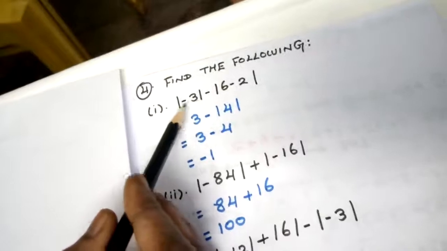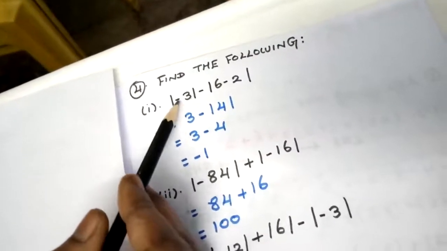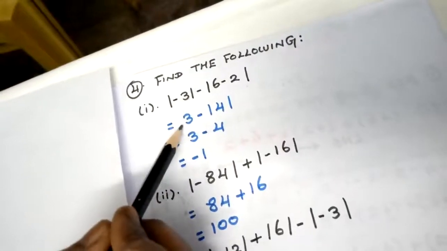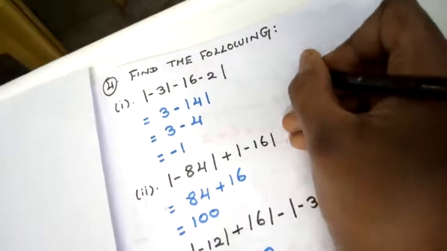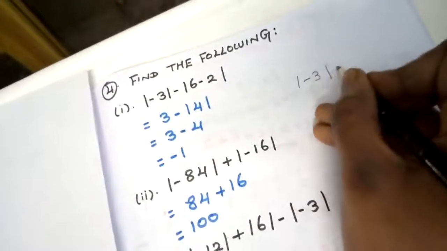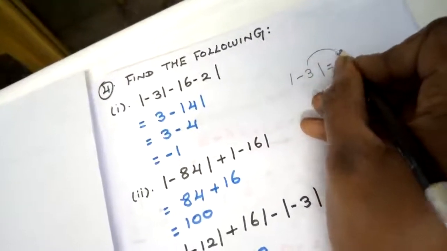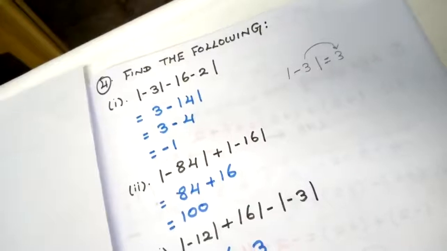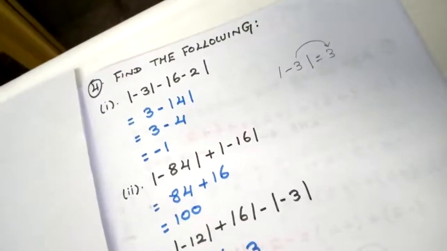First we have to remove this absolute value symbol, students. I told you modulus of minus 3 is nothing but 3. Understand properly. When I remove it, I write it like this: absolute value of minus 3 is nothing but 3. I leave out the sign and take only the positive value, only the number.